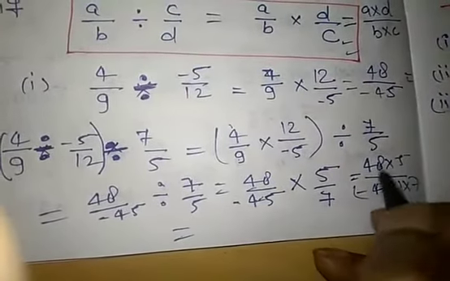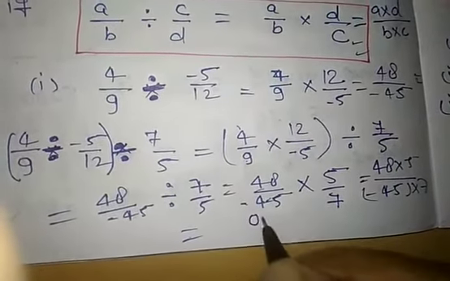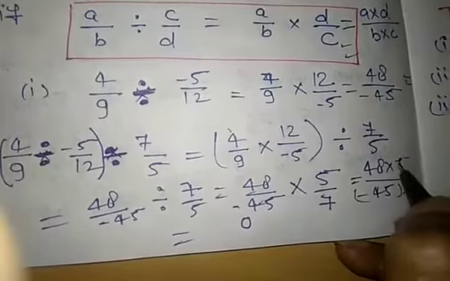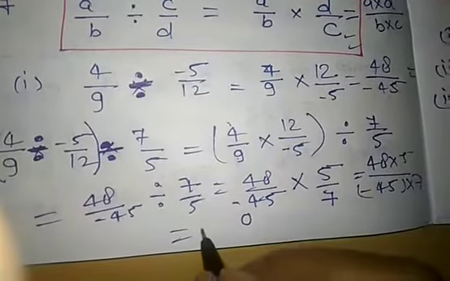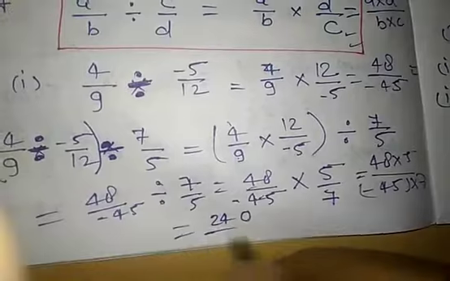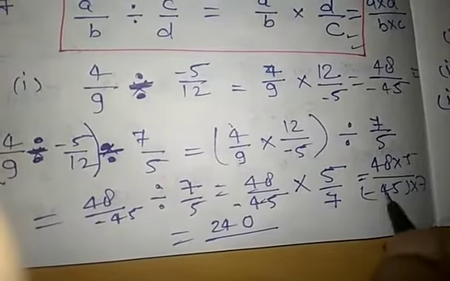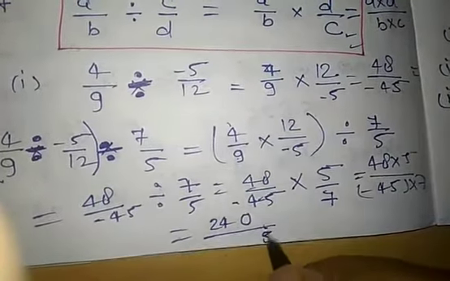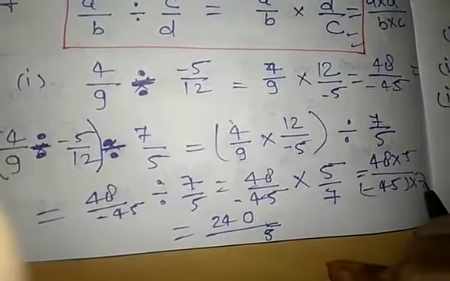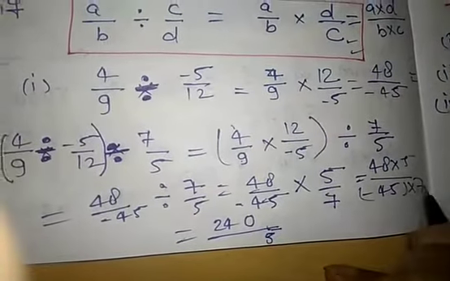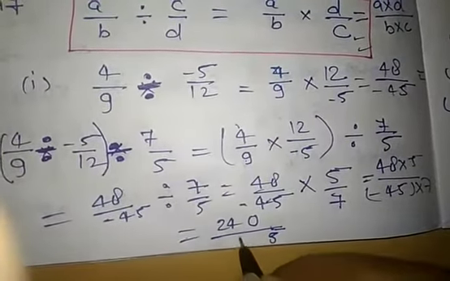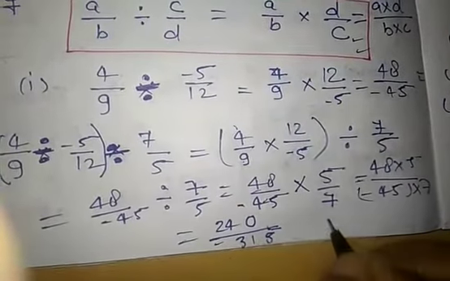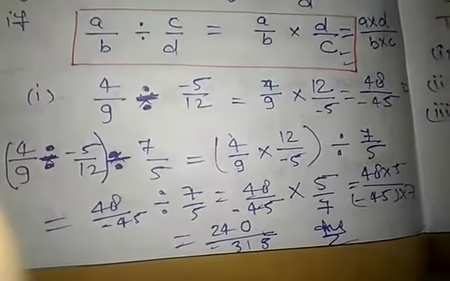Now you can solve. 5 8s are 40, 5 4s are 20 plus 4, 24. 7 5s are 35, 7 4s are 28 plus 3, 31. This is your answer.